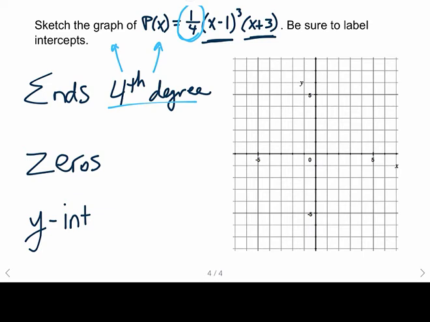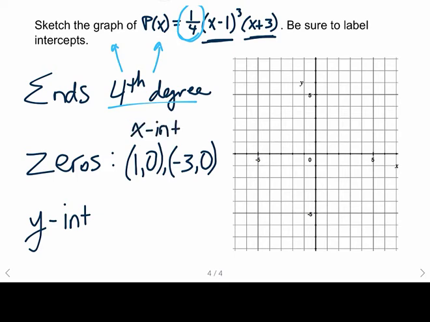As far as zeros are concerned, or the behavior at the zeros, because our factors are x minus 1 cubed and x plus 3, our zeros are 1 and -3, and as you may recall, real zeros lead to x-intercepts, so we have x-intercepts at (1, 0) and (-3, 0). It's part of what we were asked for, so I'm going to go ahead and highlight that. But now we're looking at the exponent.